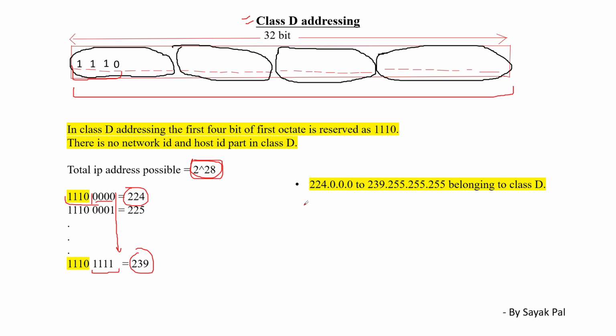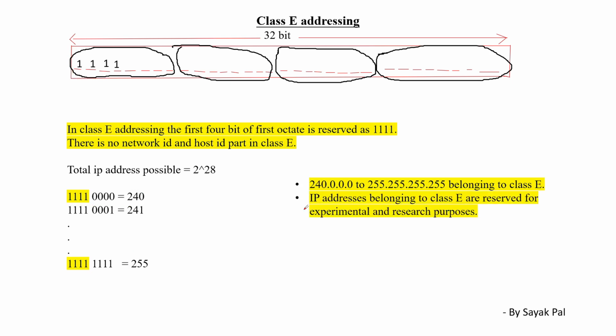Okay, and the last IP address class in this list is class E IP addressing. This is the same; just here these 4 bits are reserved, and also here the total IP addresses are 2 to the power 28.